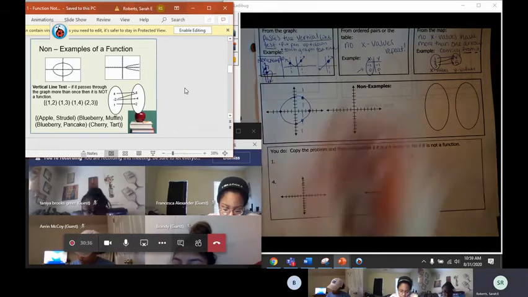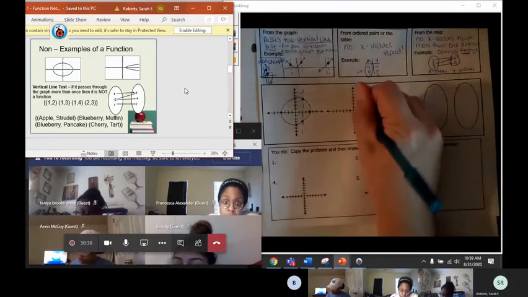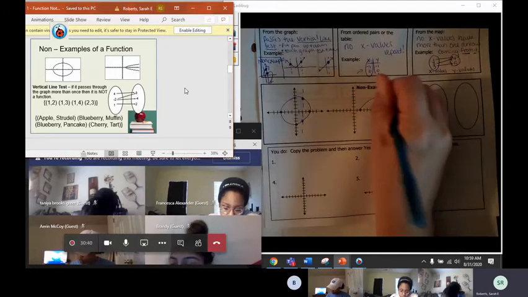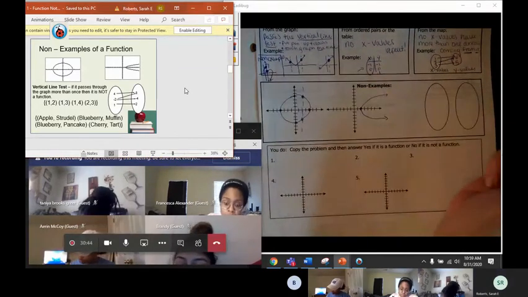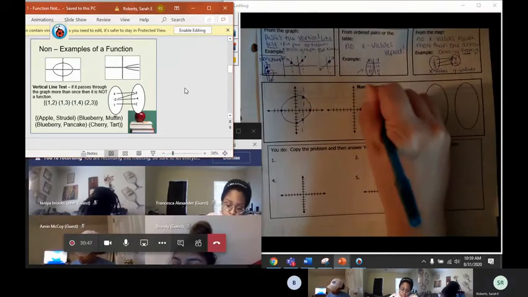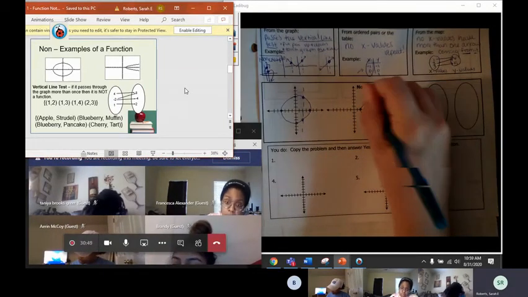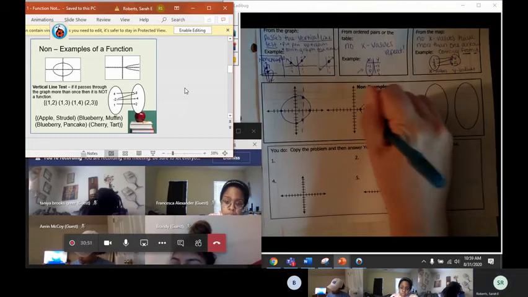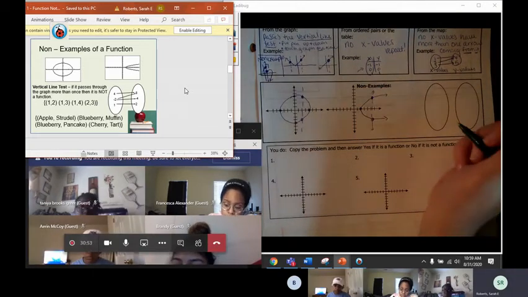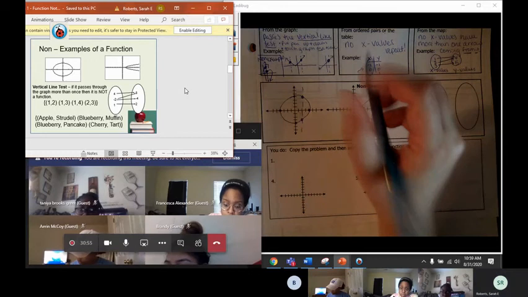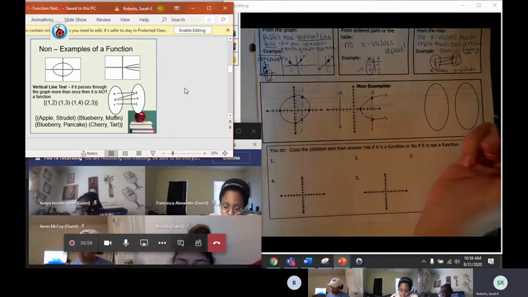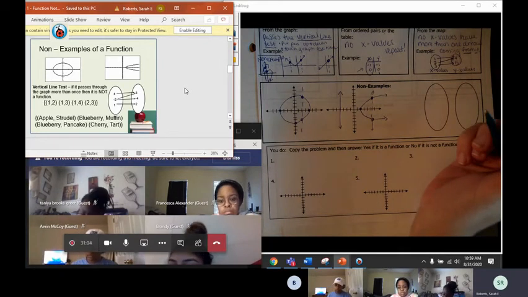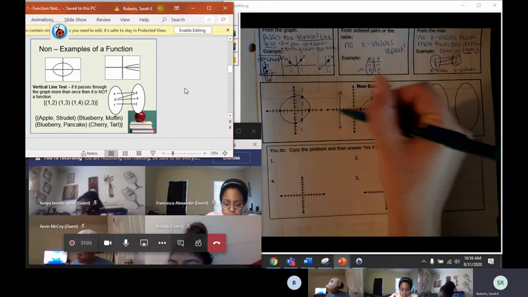Okay, maybe we have a rotated quadratic, so it looks something like that. This also, when we draw a vertical line through it, passes through twice. I'm going to go ahead and draw another example of if we have a vertical line, okay, a line like x equals -4, okay?